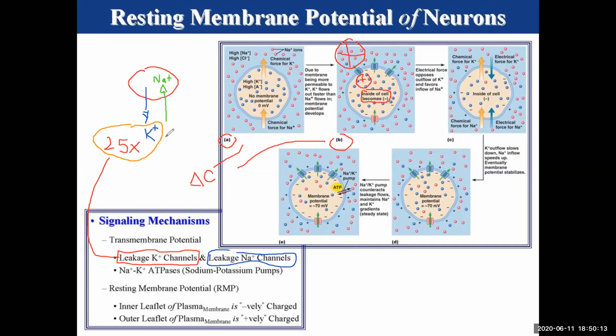The concentration gradient of sodium drives sodium influx, right? So that's the chemical component, a chemical gradient for potassium and sodium due to the gradient of their concentration. It would set panel B.